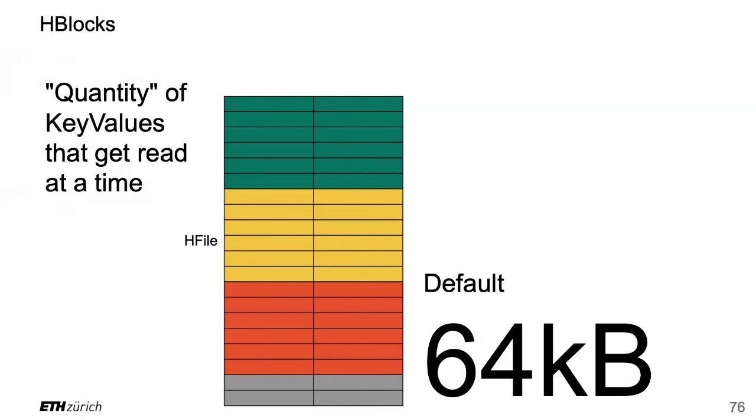Here, this is different. These are blocks within the file as it is used by HBase, grouping the key values in 64 kilobyte blocks. For this reason, I made up that terminology of H block. It's not official, but if I call them H block, it clarifies that this has nothing to do with HDFS blocks.